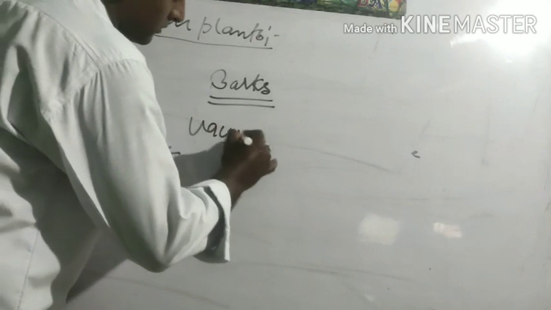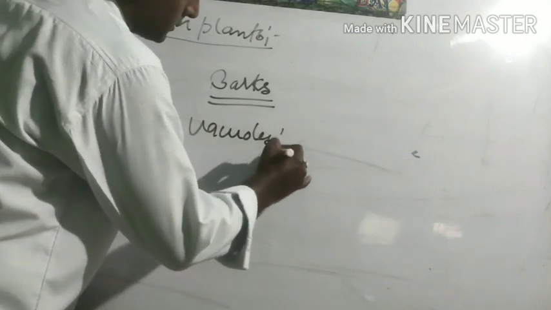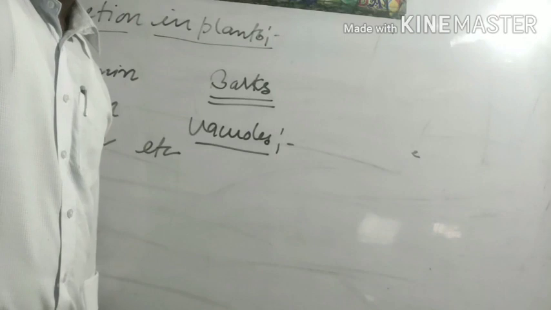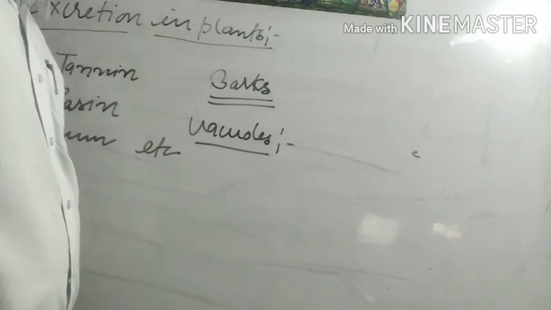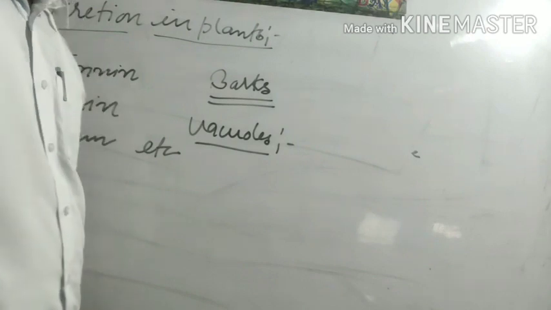You know about the vacuoles also. In plants, the size of vacuoles is big compared to animals, because animals like amoeba and paramecium have very small vacuoles, the contractile vacuoles.